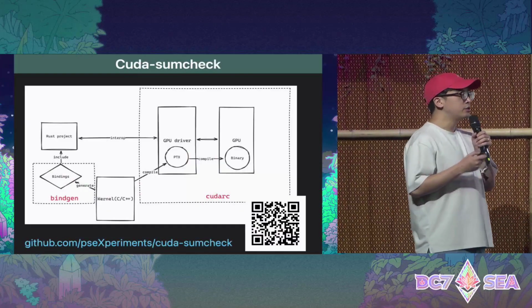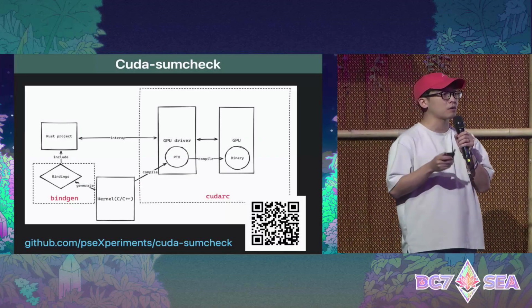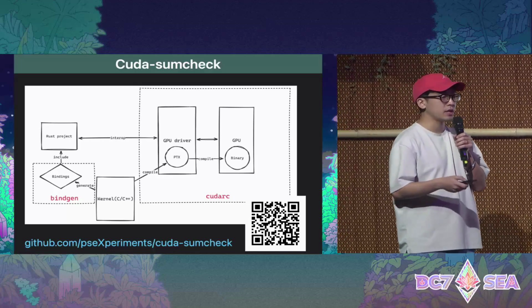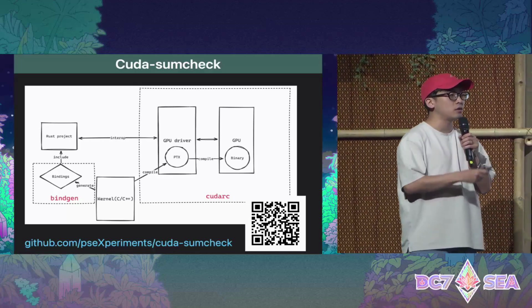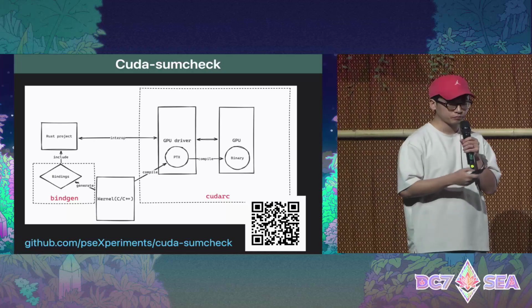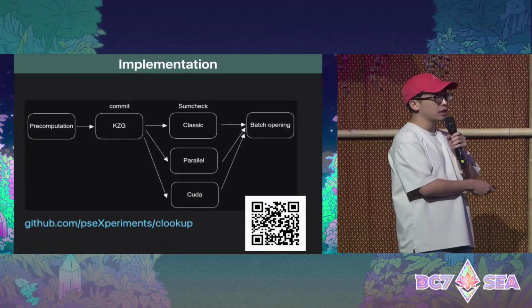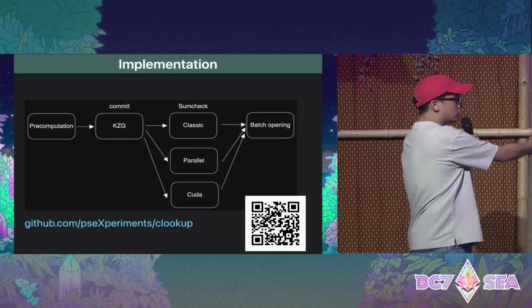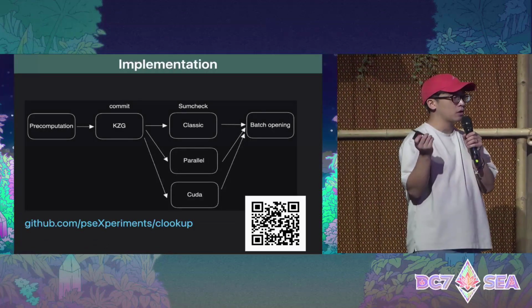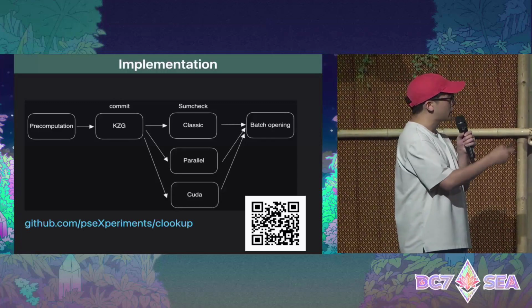To demonstrate our thesis, we first implemented a CUDA-based sumcheck protocol in this repository. It highly parallelizes all the polynomial evaluations using the GPU. Then we utilized this CUDA sumcheck to see the results in this Clookup repository. We used KZG just for easier implementation, but definitely you can change this commitment scheme to others.